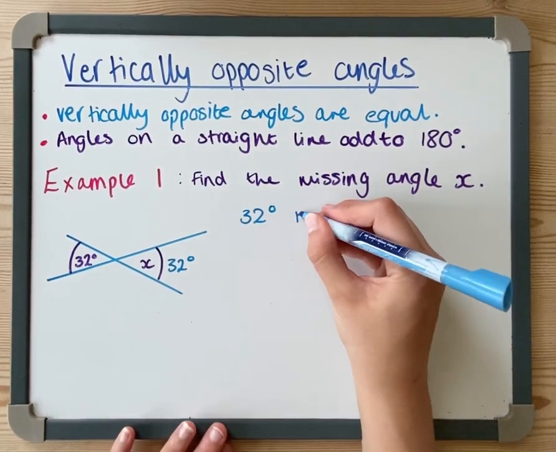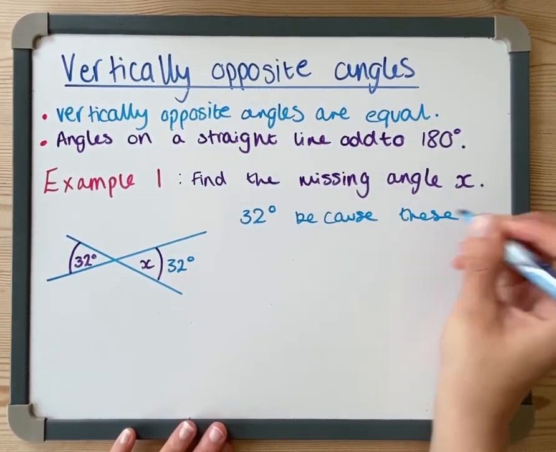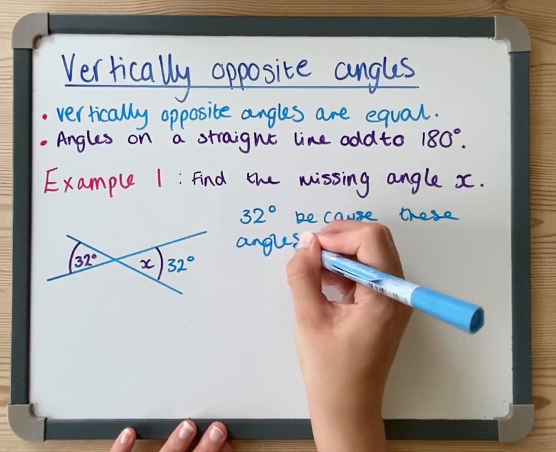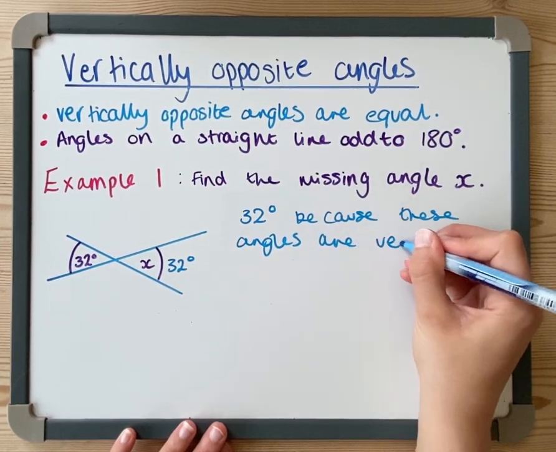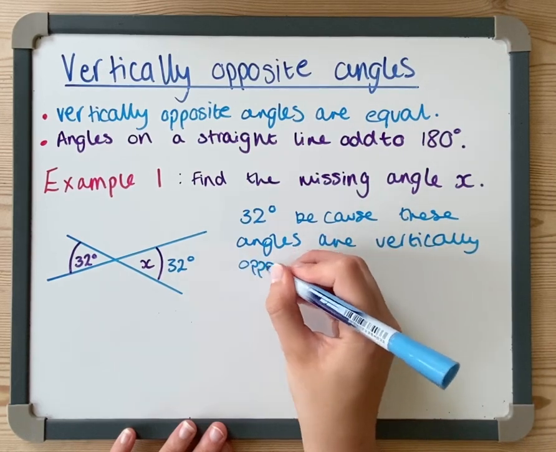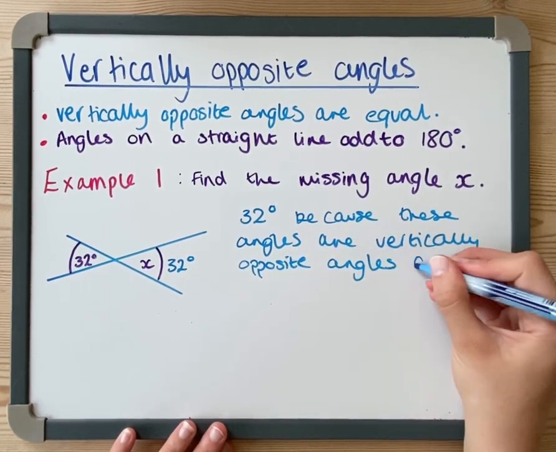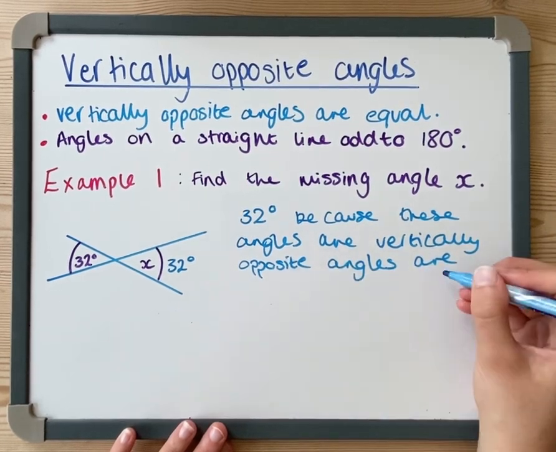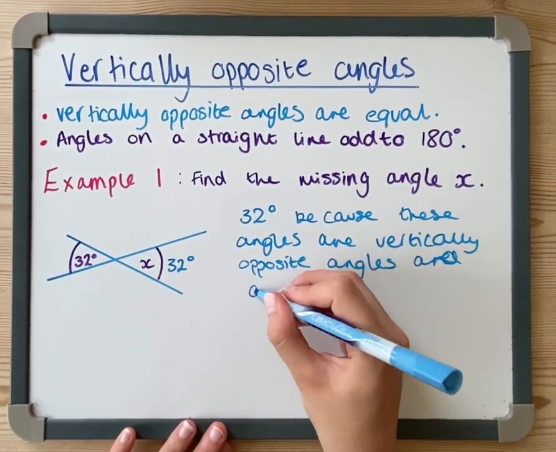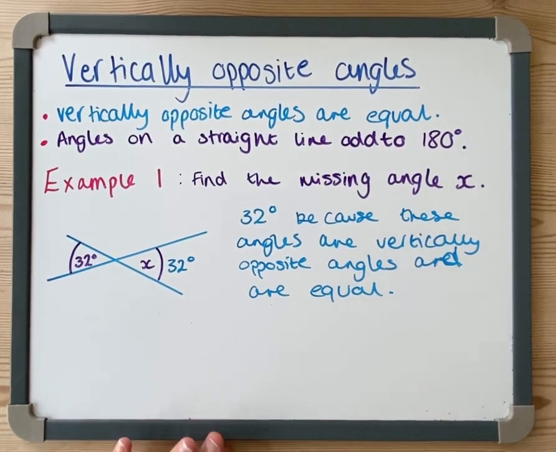So it's 32 degrees because these angles are vertically opposite angles and are equal because they're vertically opposite. Okay, that is simply our first example. It's all we need.